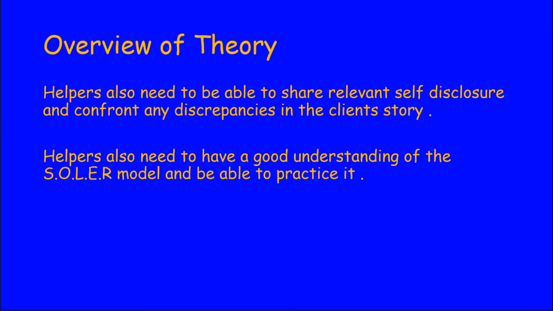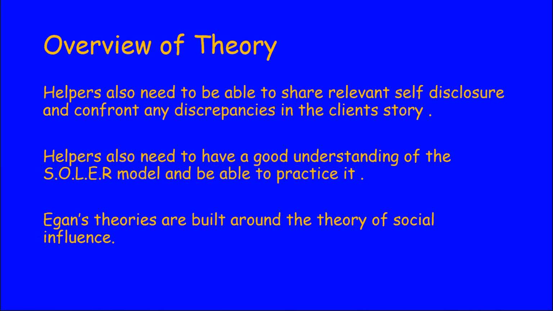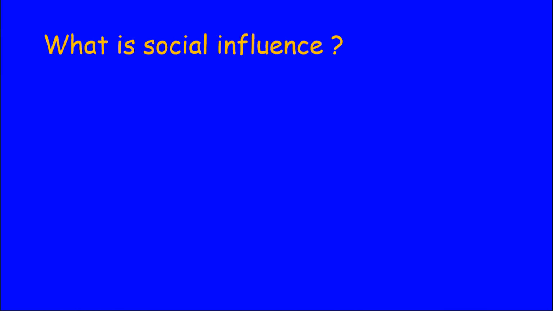And helpers also need to have a good understanding of the SOLER model and be able to practice it. And I'm going to tell you what the SOLER model is and how it's applied in the next part of the presentation. And Egan's theories are built around the theory of social influence, and I'm going to tell you what social influence is. Some of you may know, but I'll share it with you.